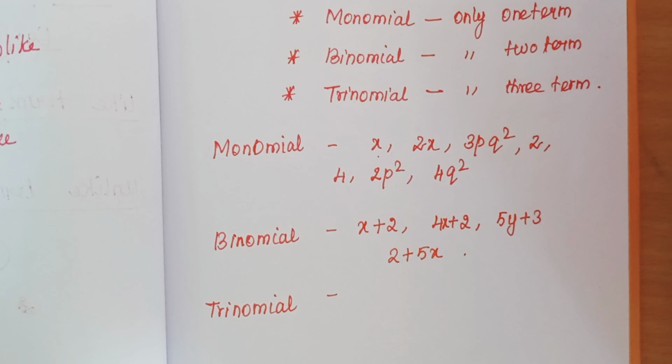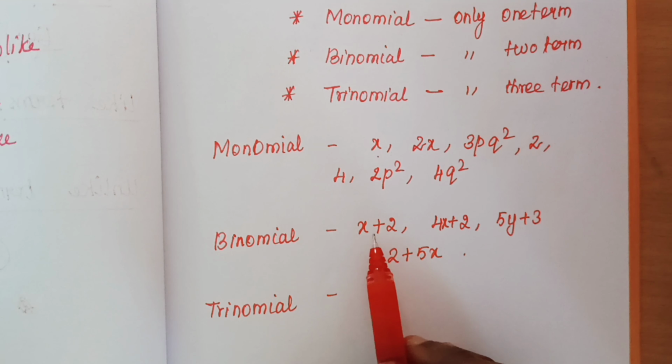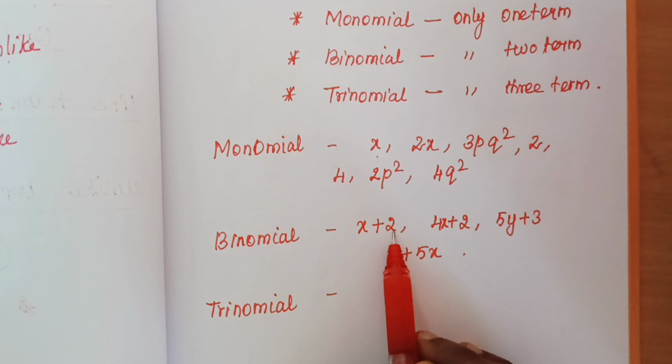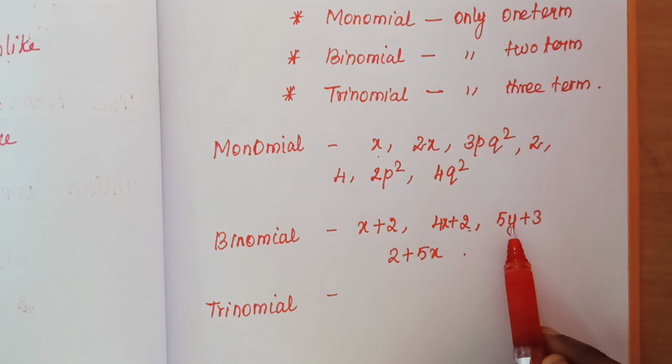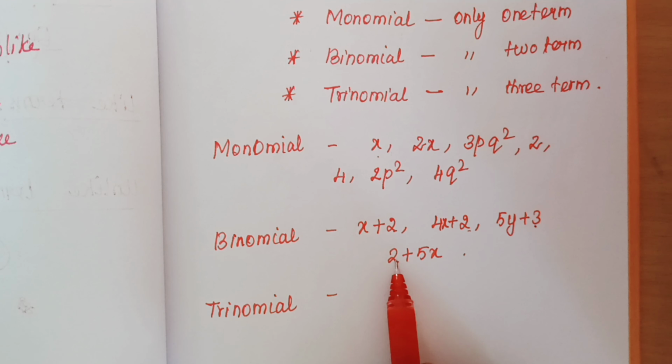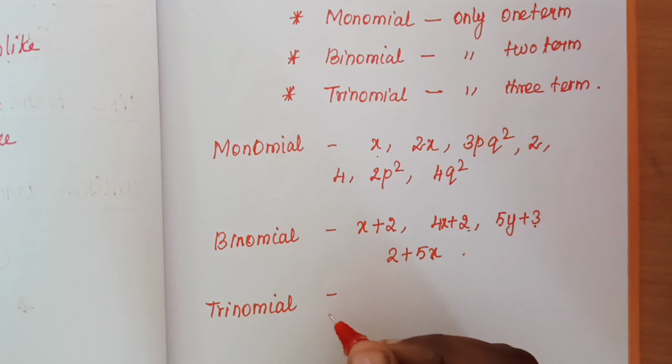These are some binomial expressions. How many terms do you have? One term plus another one term. Here also one term plus another one term. Here also, and here also. So 2 terms you have.